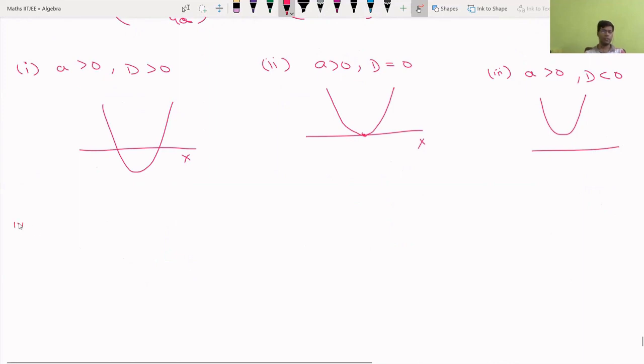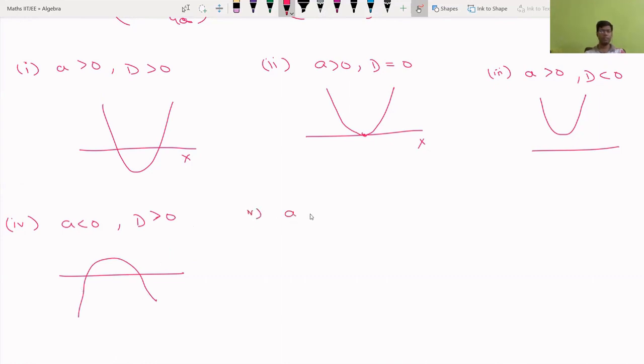Now let's take the fourth case. a is negative and D is greater than 0. So in that case, again, we have real roots, but the graph will be upside down. Okay, and then if we have a less than 0 and D is equal to 0, again, the graph will be upside down, but will have only one root.